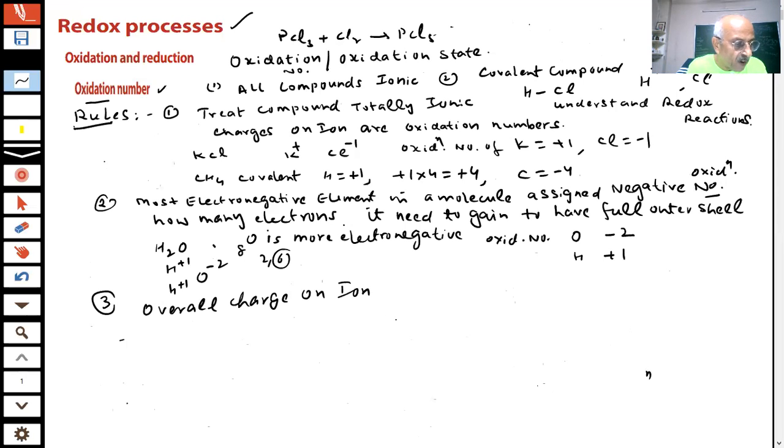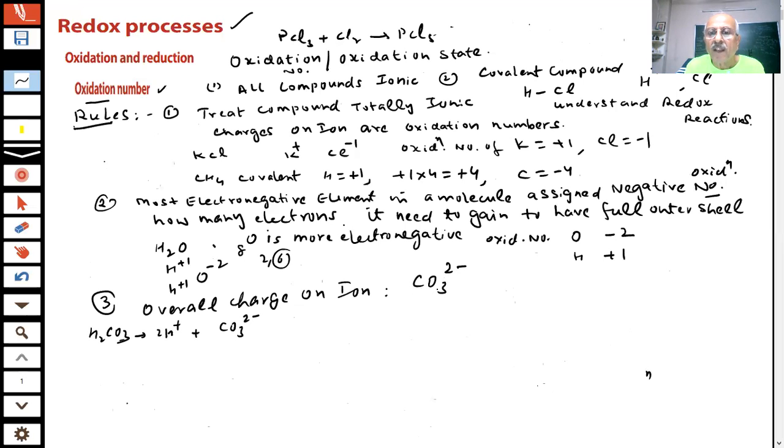We have to take the sum of the oxidation numbers, with coefficients, equal to the overall charge of the ion. For example, if I write CO3 2 minus, this is an ion. Tell me how much charge is there? 2 minus. You know the carbonate ion. It is obtained from H2CO3: 2H plus and CO3 2 minus.